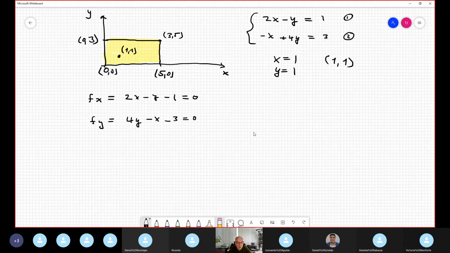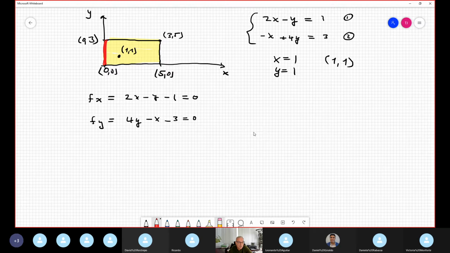But you need to analyze the endpoints. And what are the endpoints? Well, the endpoints, guys, are the boundary. For example, that boundary, including the corner, that boundary, and that. But let's do it one by one.